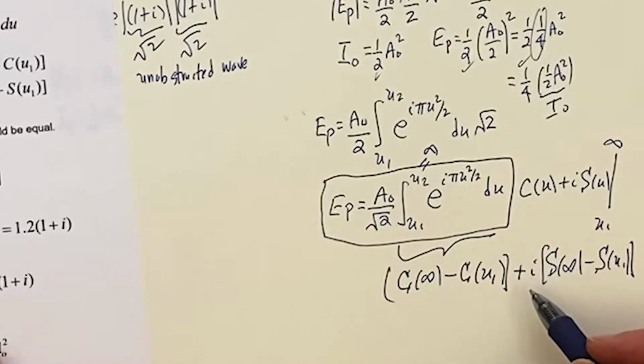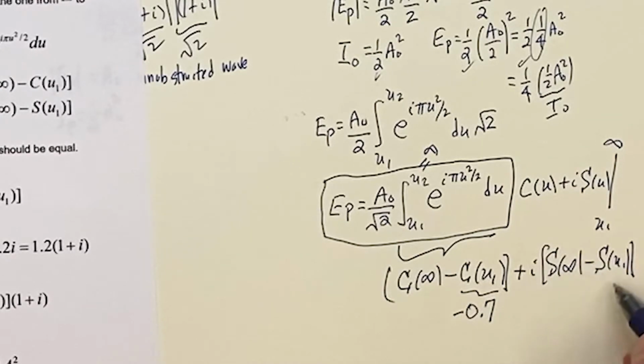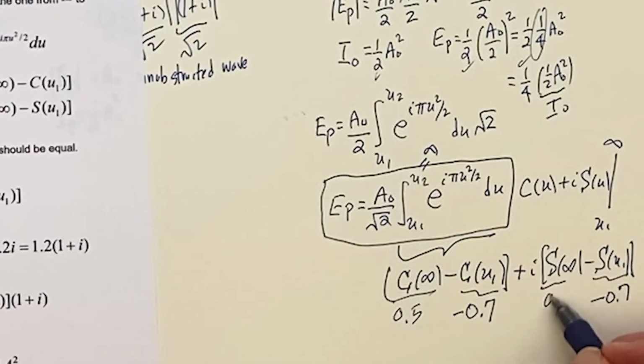So here, from the analysis we just looked at, that was actually a negative 0.7, and this was a negative 0.7, and this is 0.5, and this is 0.5.